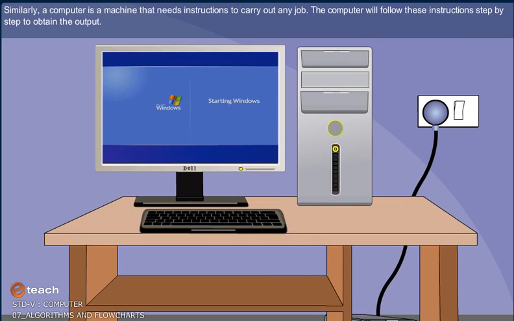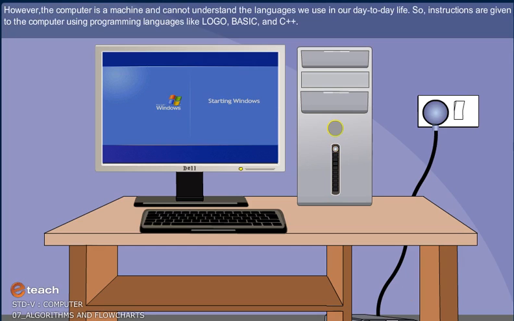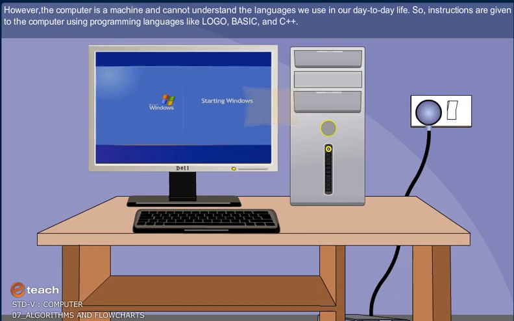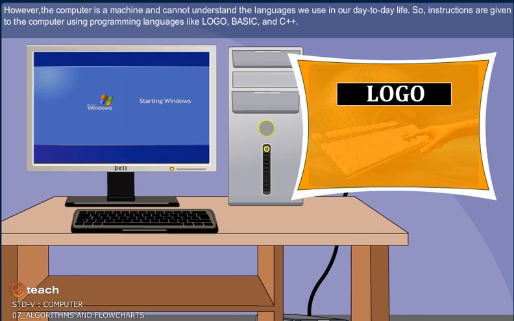The computer will follow these instructions step by step to obtain the output. However, the computer is a machine and cannot understand the languages we use in our day-to-day life. So, instructions are given to the computer using programming languages like Logo, Basic, and C++.